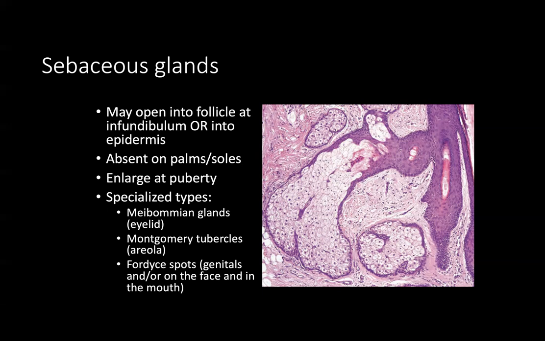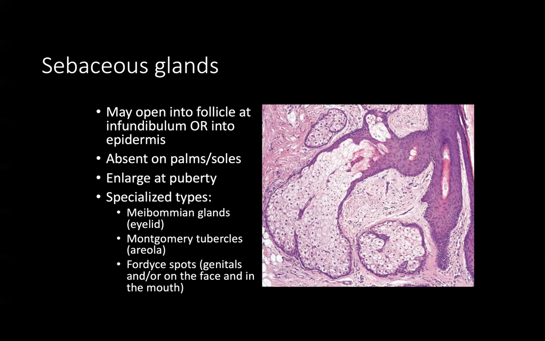You can also have specialized types of ectopic sebaceous glands that are not associated with any hair follicle. Before I mention those specialized types, I will say that the sebaceous glands are typically absent on the palms and soles. So you're not producing that oil on your palms and soles naturally. You're producing sweat material.